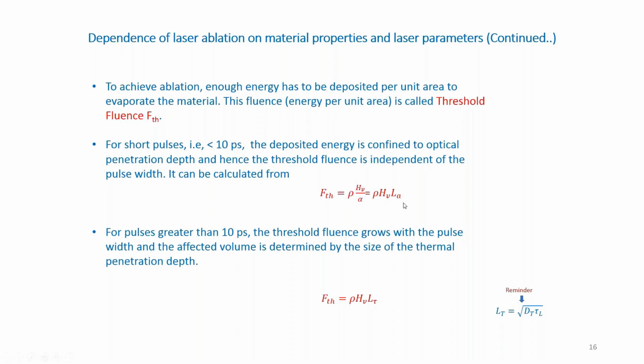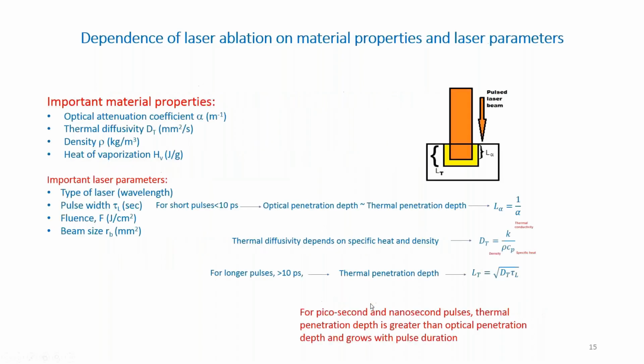But when you go with pulse widths that are greater than 10 picosecond, the threshold fluence again depends on the same two factors, density and heat of vaporization, but you have L tau, which is the thermal penetration depth, as shown there.